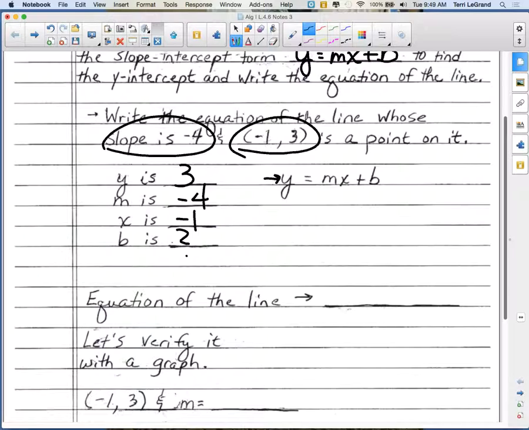That's what we need to find. So we will take those 3 pieces of information that we do know, and substitute them in for the 4th piece of information that we don't know. So we will put 3 in for y, -4 in for m, -1 in for x, and leave b. Go ahead, get that solved for b, because you know how.